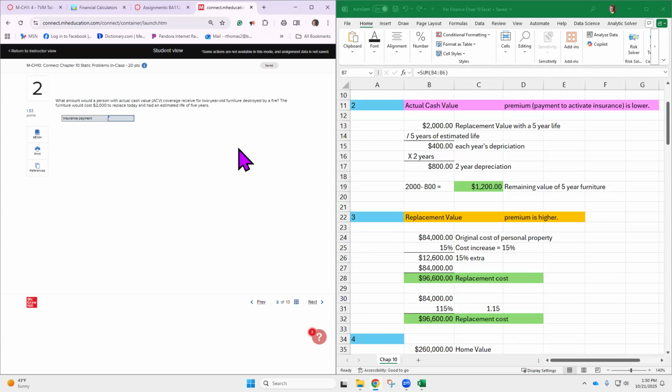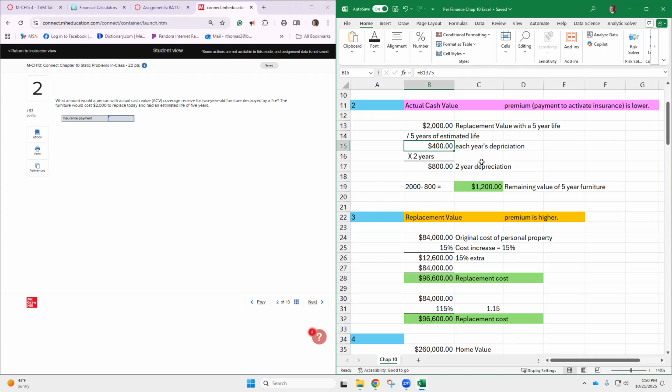The furniture would cost $2,000 to replace today and had an estimated life of 5 years. So you put your replacement value down, which is 2,000, and divide by 5 years of estimated life. So each year that furniture should depreciate in value about $400.